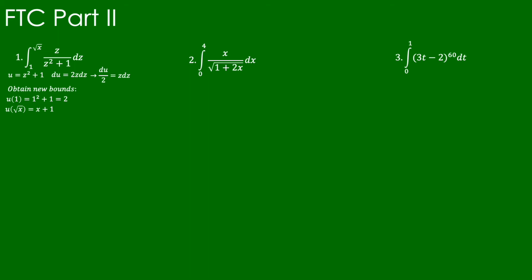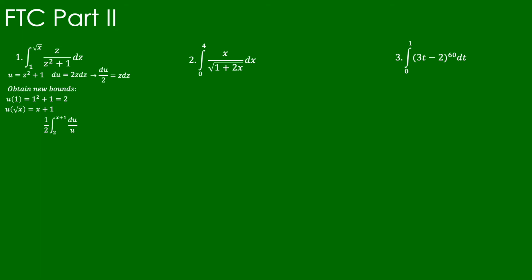Using the substitution, the integral is going to be from 2 to x plus 1 of 1 over u du, or du over u. The benefit of changing the bounds right away when you take the u sub is that we will not have to change the integral itself back into terms of z in this case, when we want to evaluate the antiderivative.